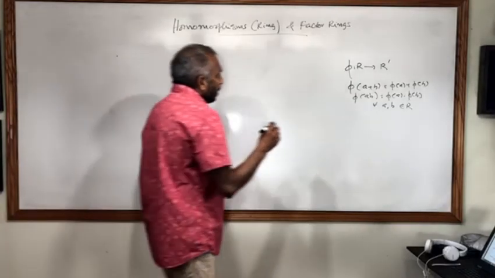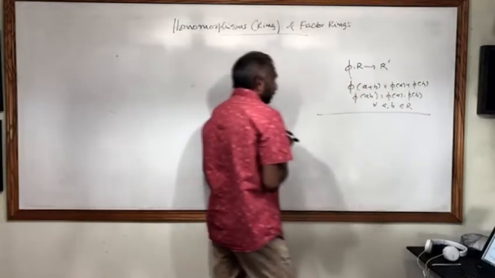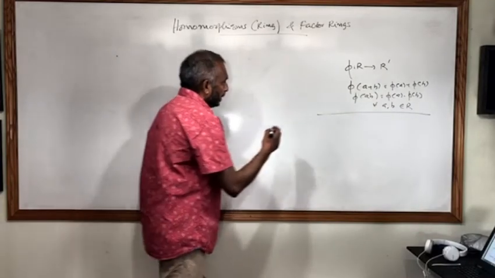So the way we build the factor group in group theory is like this.